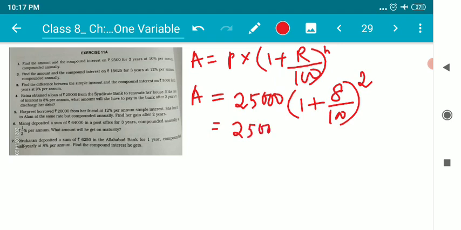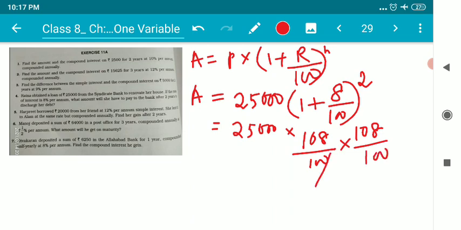25,000, very simple. If I calculate 1 plus 8 by 100, it's going to be 108 by 100, again 108 by 100, as the power is 2. Okay, children. So the zeros will be cancelled.